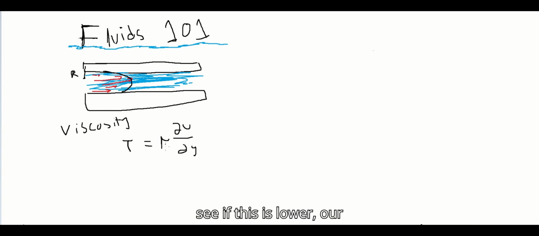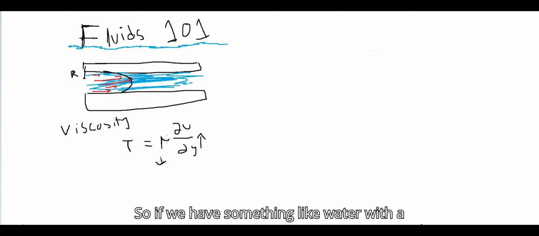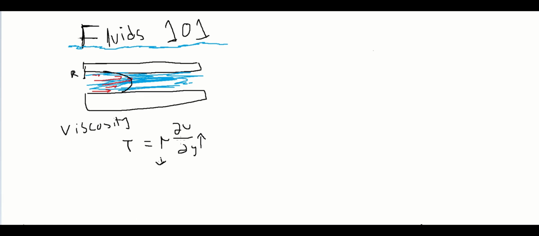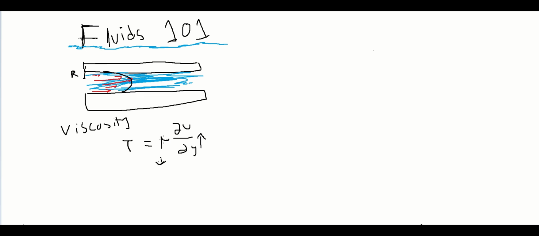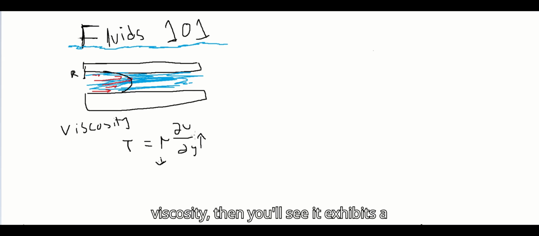So we see if this is lower, our velocity will go up, right? If we have something like water with a low viscosity, we'll have a higher velocity gradient. And if we have something like honey, which has a really high viscosity, then you'll see it exhibits a lower velocity gradient.